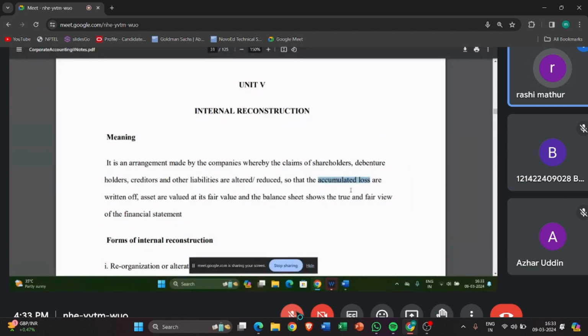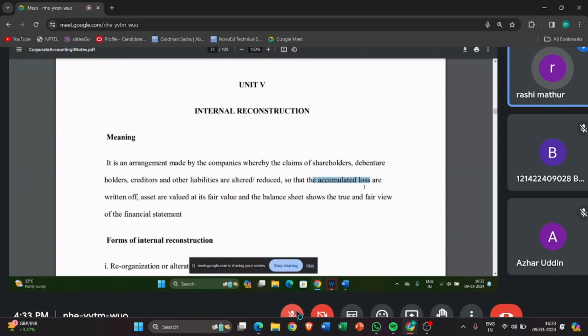Now what is happening is, our company is not doing well, we are having a lot of accumulated losses since many years. If we do not write off these losses, if we do not show a clean balance sheet, then our company might get into liquidation, might close down in future.